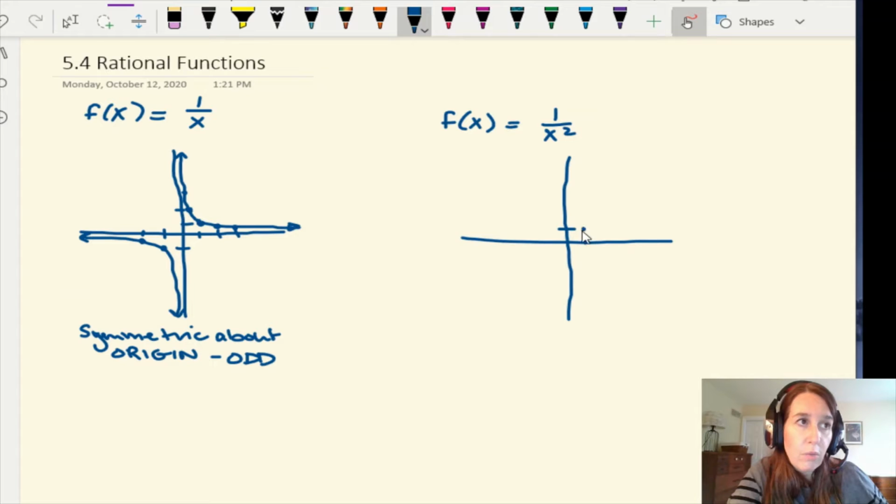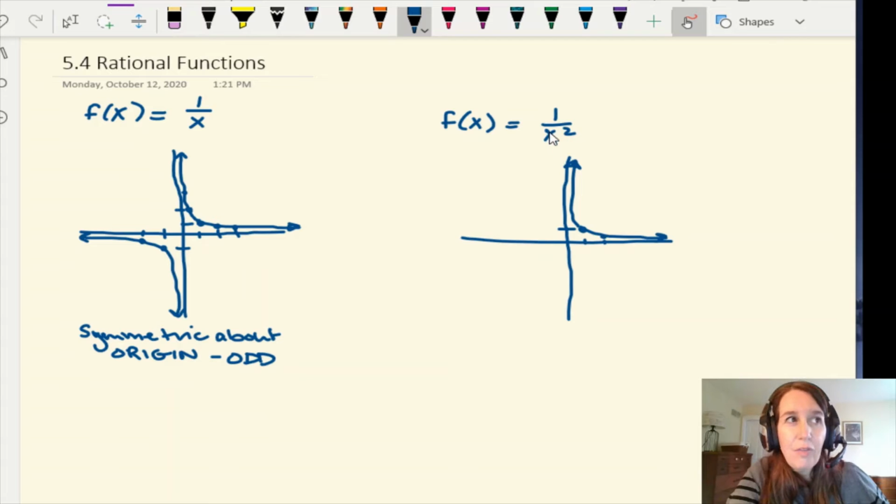So we're still right here. If we put in 2, we get 1/4, right? So it's a little closer to that x-axis. If we put in 3, we get 1/9. So it's really doing the same thing as the first graph, but doing it a little quicker, right? So it doesn't look too much different. It just does get closer to 0 faster.